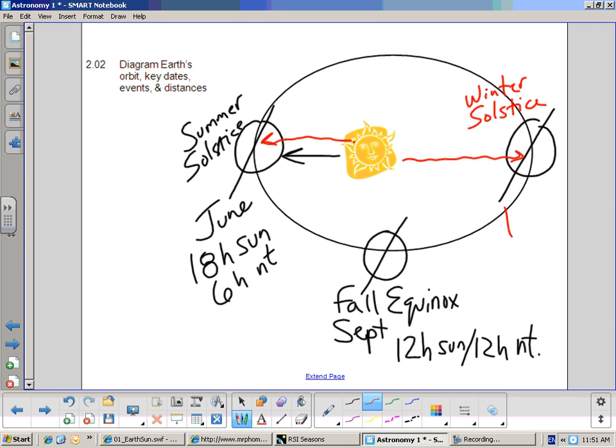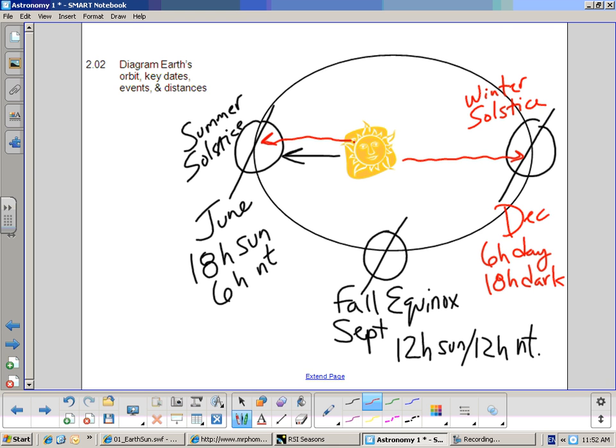We know this occurs in December. And it's the opposite. This is our shortest amount of daylight. So we have about 6 hours of day, and we've got about 18 hours of darkness. Now that all depends on the latitude. So if you were to go to Florida, that's going to be a little different. If you were to go to the equator, it's much different. If you were to go to northern Canada or Alaska, it's much different than that.